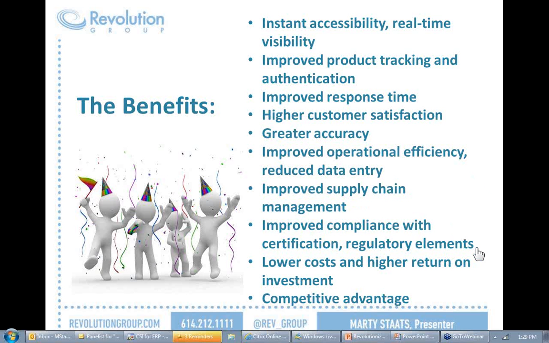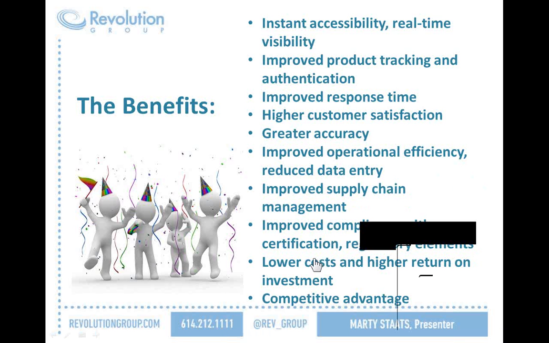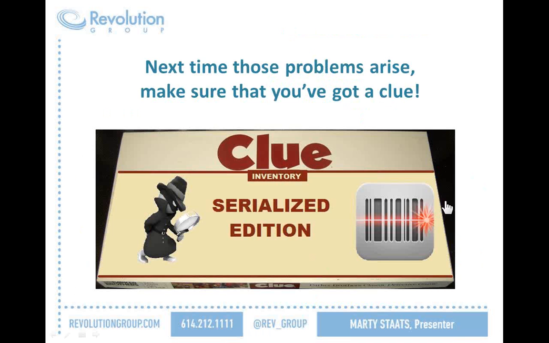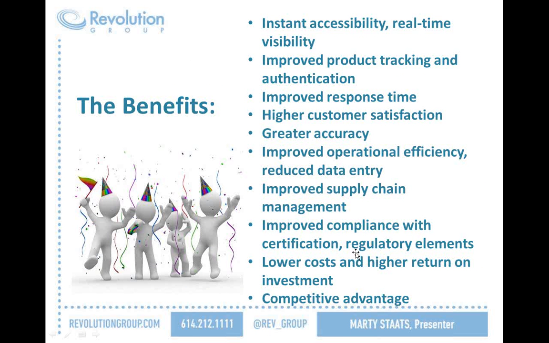You're going to have improved compliance with any certification or regulatory elements, because if they require certain specifications or testing to be done, you're going to have the traceability of the serial numbers through those steps. You're going to have lower costs and a high return on investment.